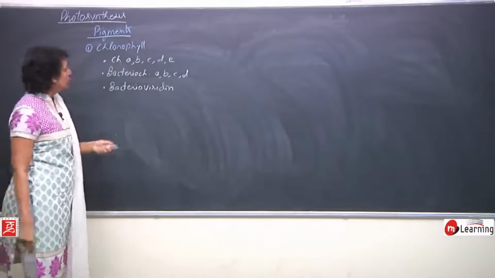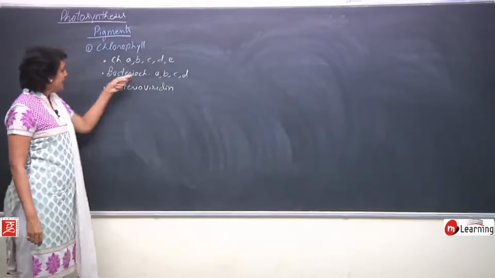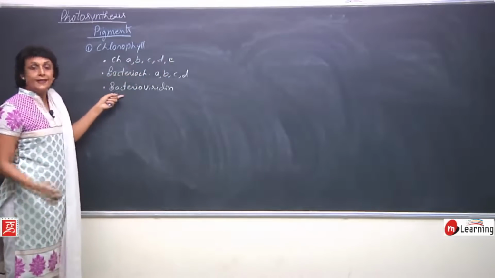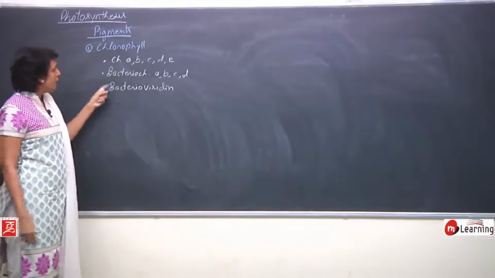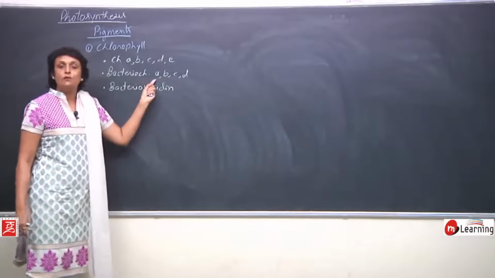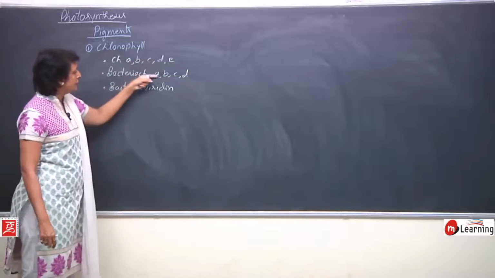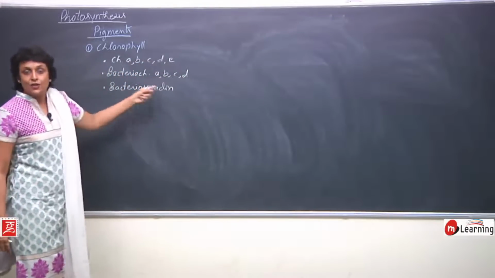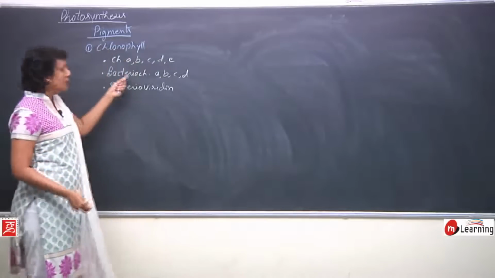So if we count the number as chlorophyll 1, 2, 3, 4 and 5 here, 6 is here and 7. That is why at some places 7 chlorophyll types are written. But if you take the subtypes of bacteriochlorophyll, the number will be 1, 2, 3, 4, 5, 6, 7, 8, 9 and 10. So either you will find the number written as 10 types of chlorophyll or 7 types.